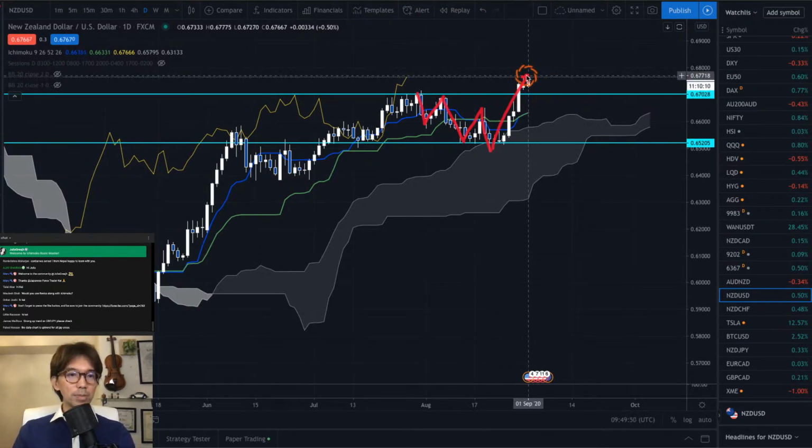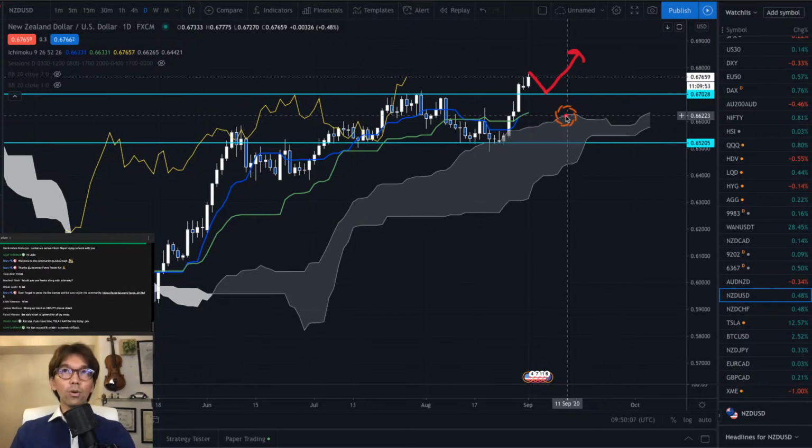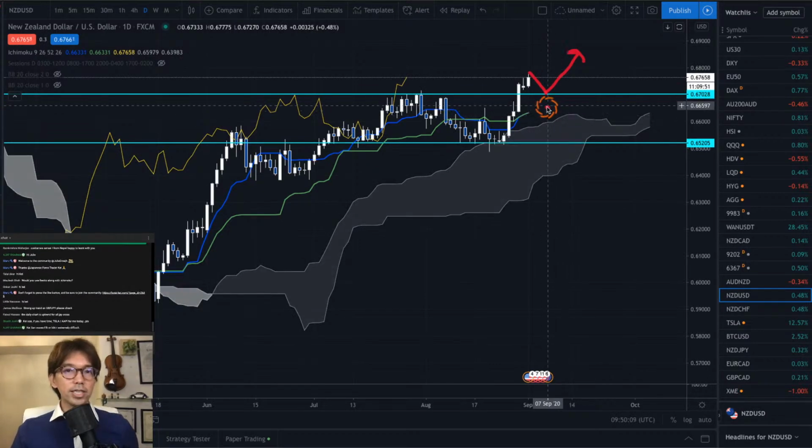So we have to expect some kind of retracement to form the N wave, and then the price continues to go up this way. It might reverse on this level, on this previous high, and then the price may continue to go up. That's one of the expectations. Or it can retrace on one of these Fibonacci levels and the price may go up afterwards. But either way, we can expect the next N wave bullish.